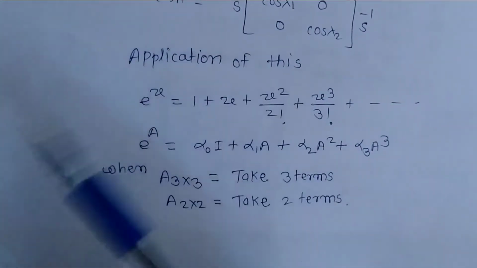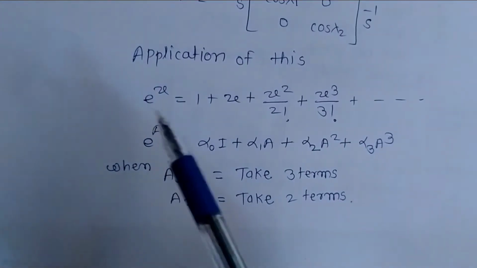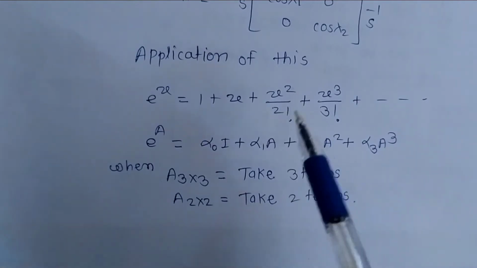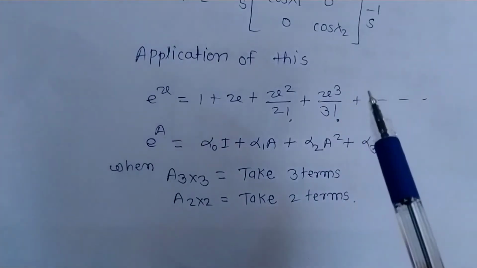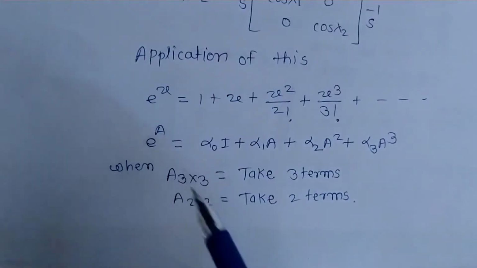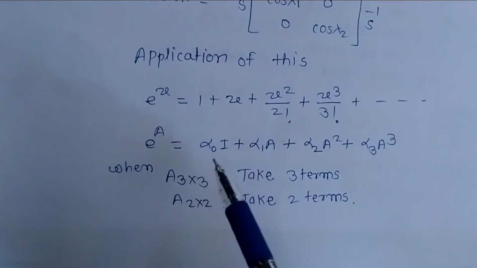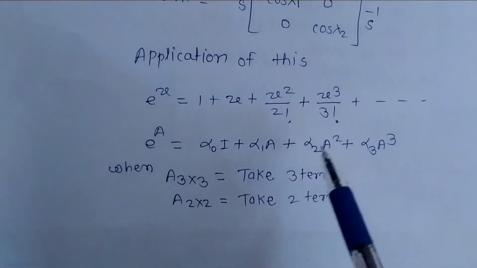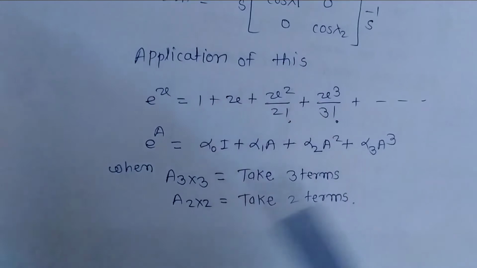So the application of this is, we know that e raised to x is equal to 1 plus x plus x square by 2 factorial plus x cube by 3 factorial plus and so on. So we can write e raised to A is equal to alpha naught I plus alpha 1 A plus alpha 2 A square plus alpha 3 A cube.